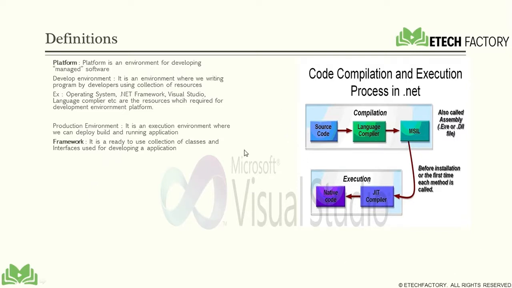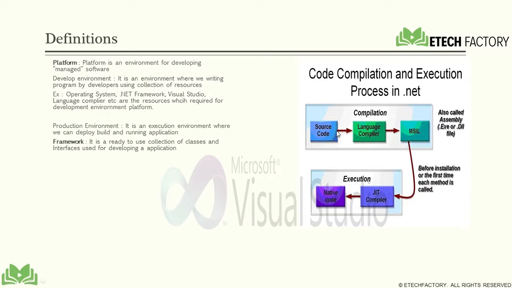This diagram shows how code compilation happens and the execution process in .NET. In the compilation process, there is source code where we write the program using C# or VB.NET or J#, etc. That is converted into MSIL using the related language compiler, and it becomes assembly code, that is either an exe or DLL file.